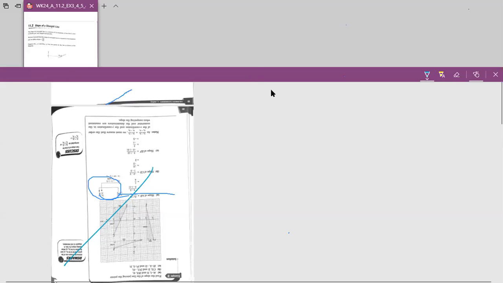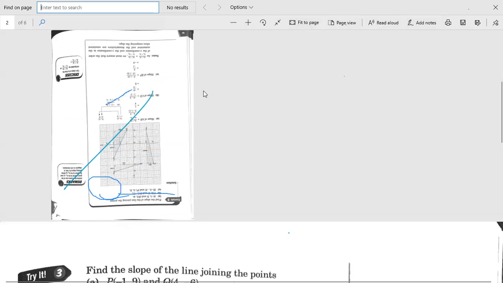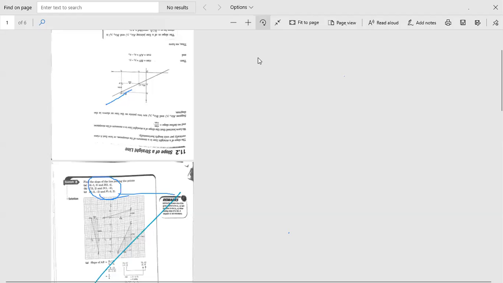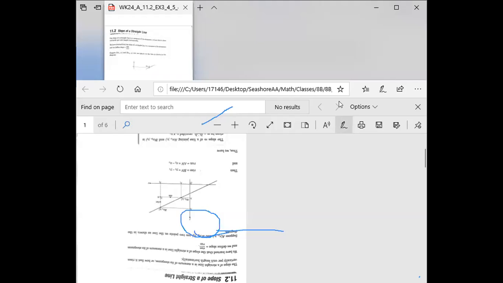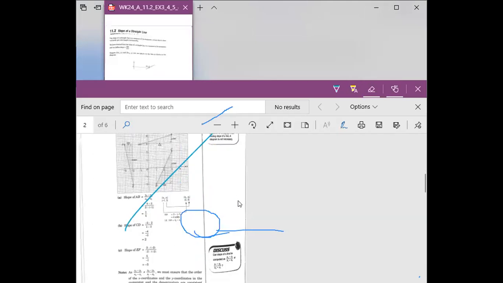All right, let's take a look at this page.